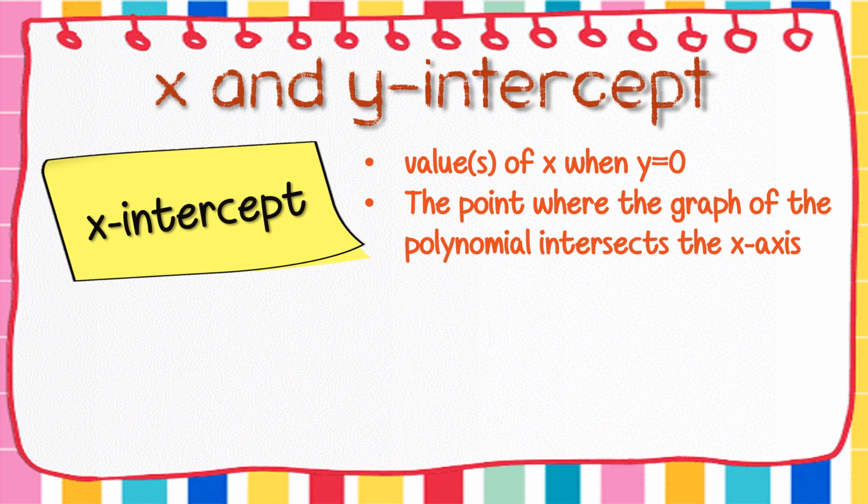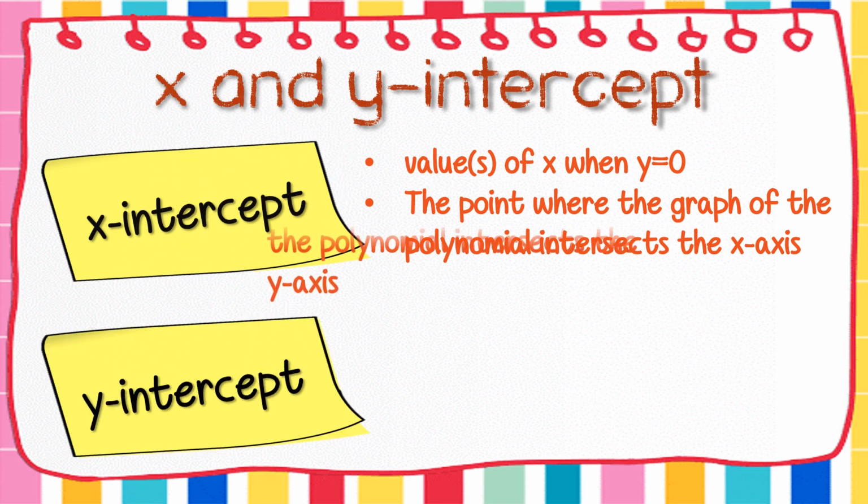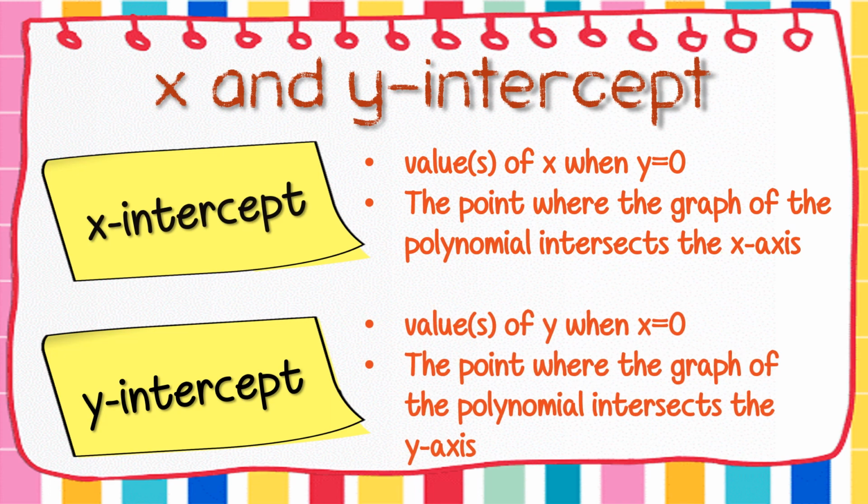Ito yung point kung saan nag-intersect yung graph natin sa x-axis, lalampas or didikit sa x-axis. On the other hand, y-intercept, ito naman yung value ni y kapag ang x ay 0, or the point where the graph of the polynomial intersects the y-axis. So, makikita niyo yan later sa ating graph, kung ano ba yung sinasabi ng description na iyon.